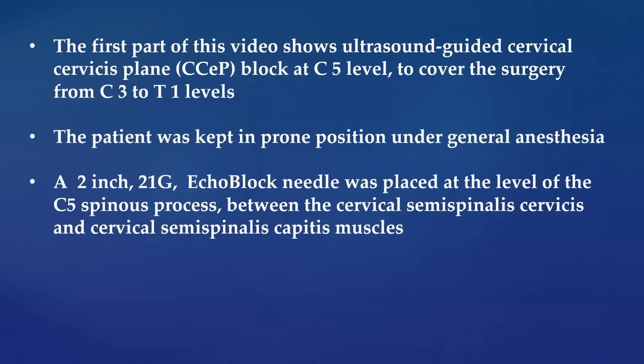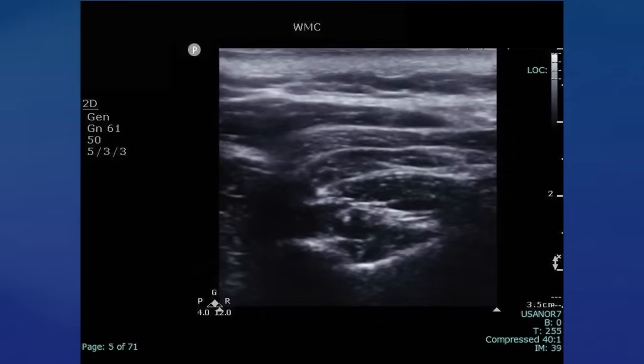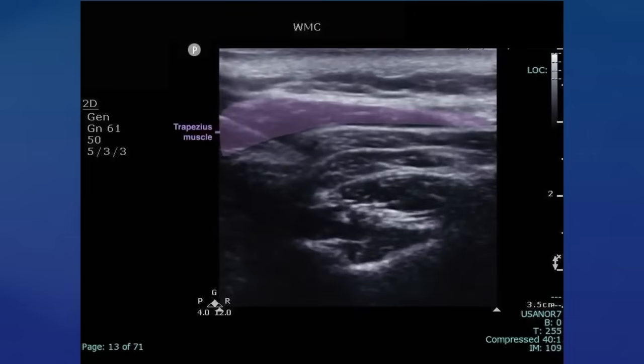A 2-inch echo block needle was placed at the level of the C5 spinous process between the cervical semispinalis cervicis and the cervical semispinalis capitis muscle. 0.25% or 0.5% Bupivacaine, 10 cc, was injected bilaterally. The needle was advanced from a lateral to medial approach.